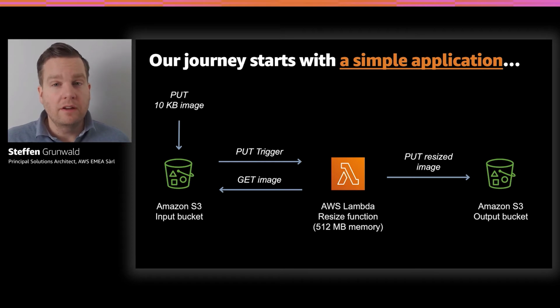And I'm using a 10 kilobyte image file here because I want to reduce the effect of the image size of the data transfer on the function execution duration. And I defined the function with 512 megabytes of memory. What does it mean?